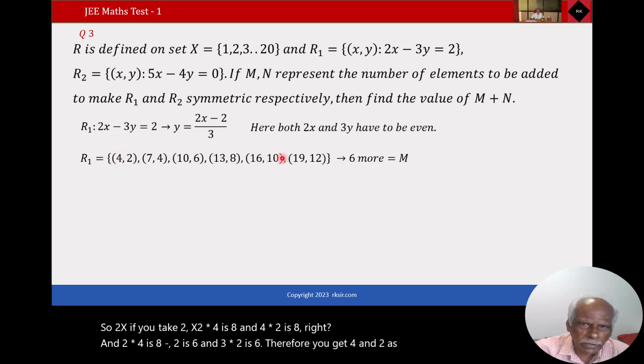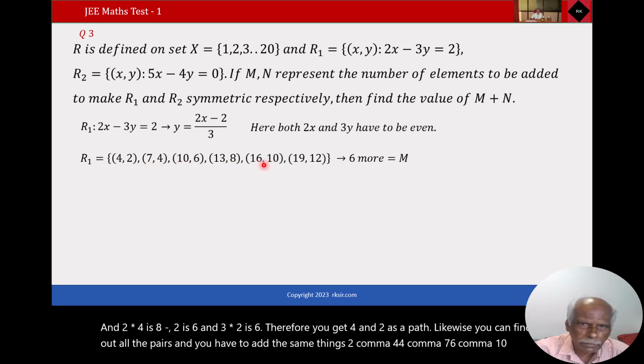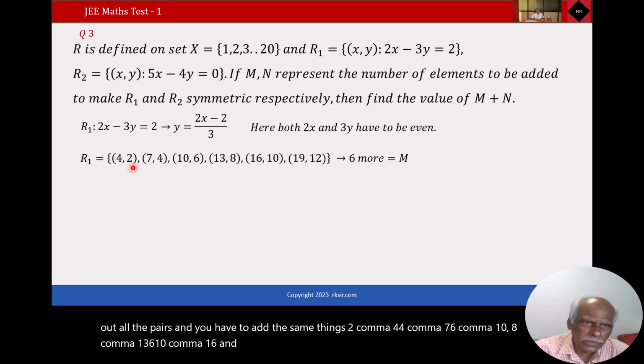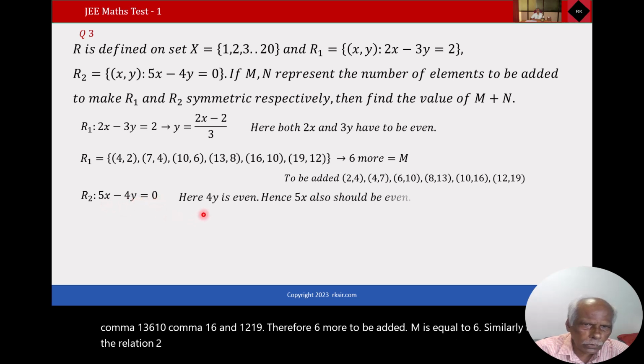Likewise, you can find out all the pairs and you have to add the reverse ones: 2 comma 4, 4 comma 7, 6 comma 10, 8 comma 13, 10 comma 16 and 12 comma 19. Therefore, 6 more to be added, m is equal to 6. Similarly, for relation 2, 5x minus 4y is equal to 0. Here 4y is even because 2 times any number is even and 4 is 2 times 2.